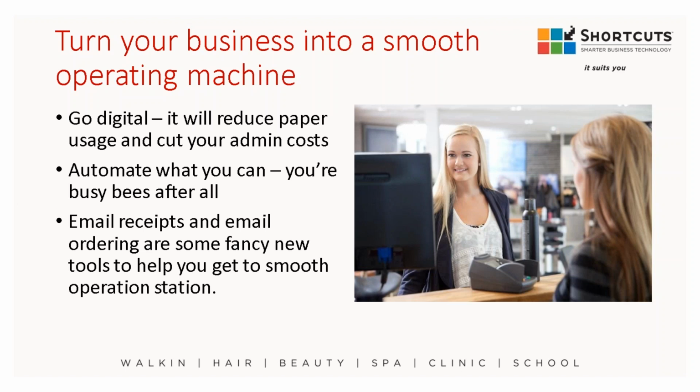Email receipts and email ordering are things our customers are probably expecting these days. And if we can offer these things and make checkout a smooth process, this is something our customers would be really pleased with.